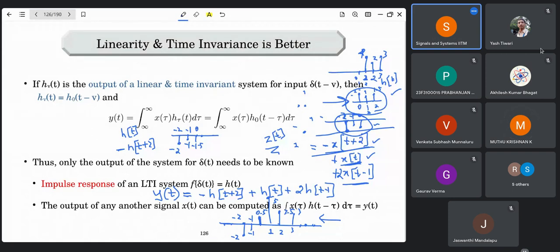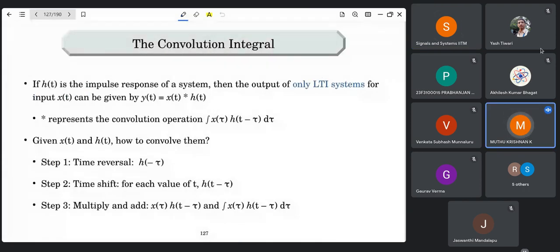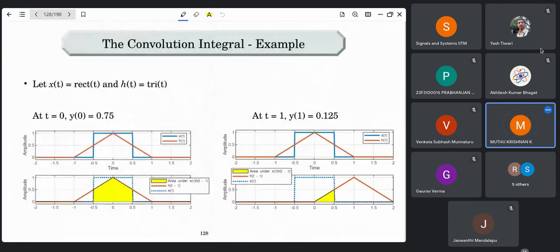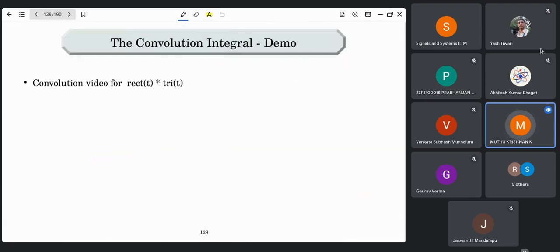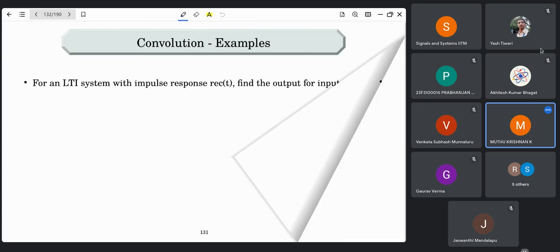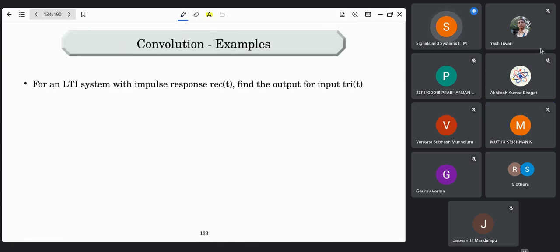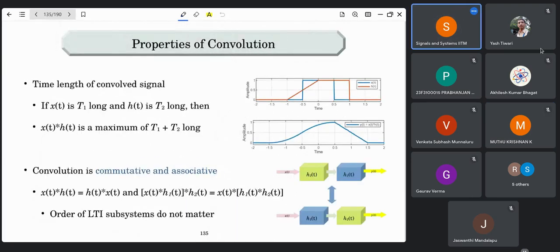And sir, if we have two LTI systems and we connect the output of one LTI system as the input to the other, can we make a relation between the input of one and the output of the other?